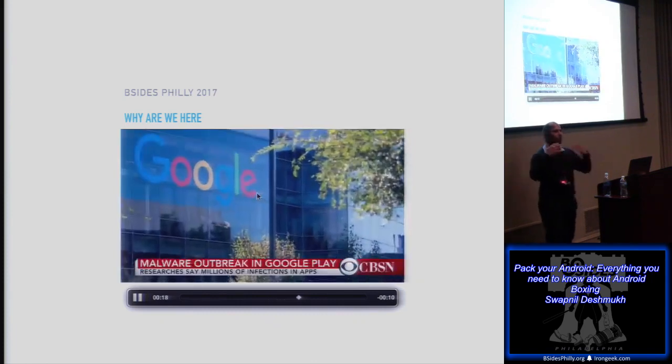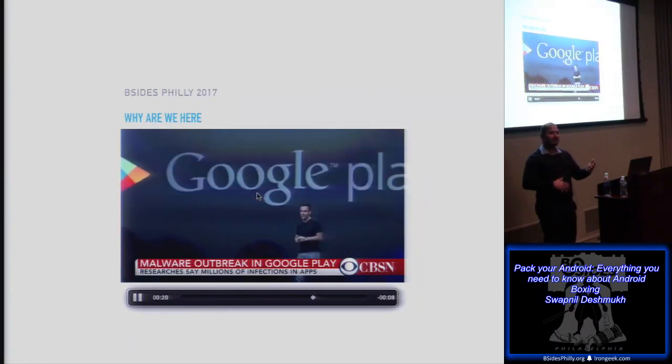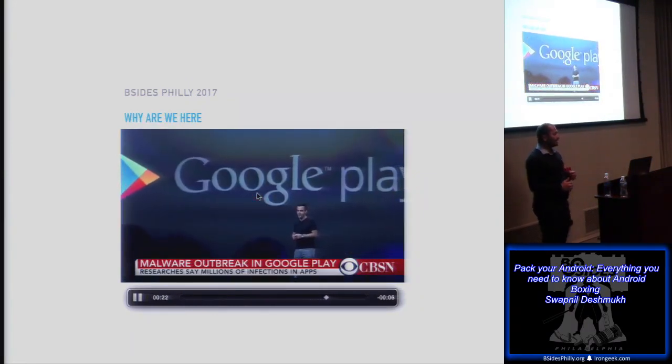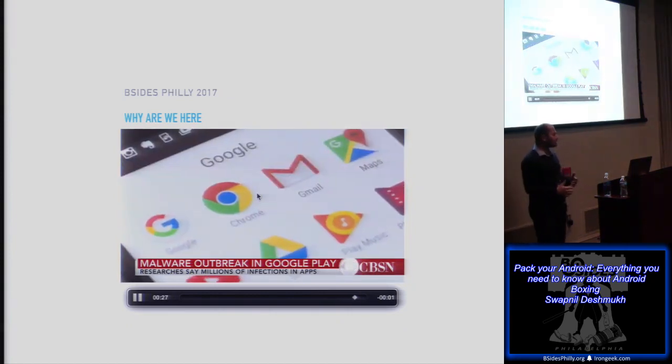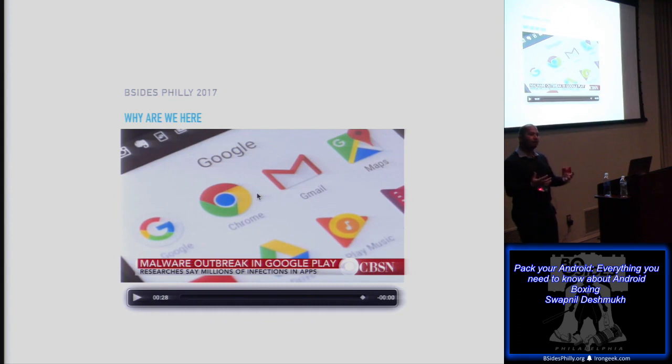It talks about millions and millions of devices that have been impacted at this point. This one is about a malware that got released in 2017, recently called Hummingbird. It was collecting a lot of information from users and sending it back to a command and control center. The third one states that it's impacting 21 million users, and a handful of applications were found in the Google Play Store that were impacting users.